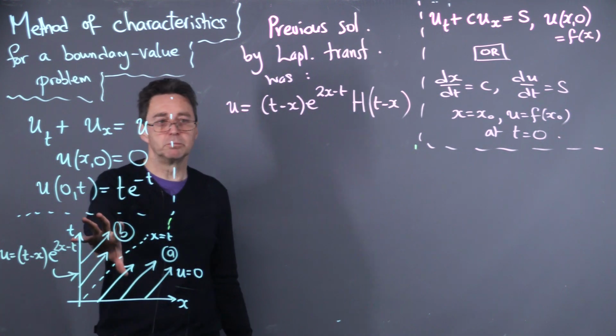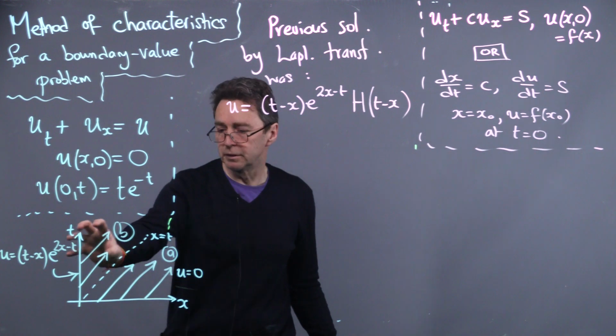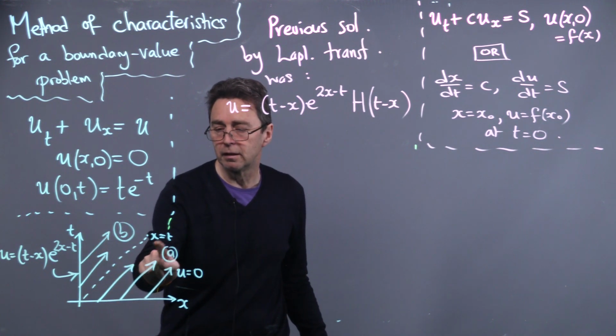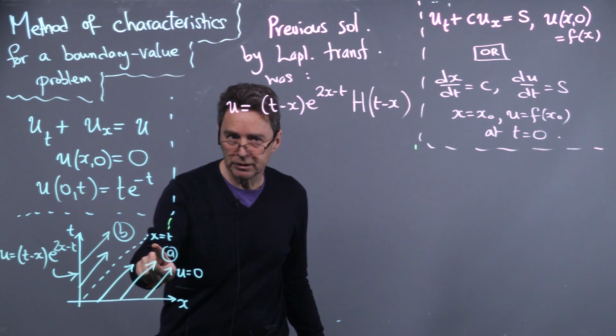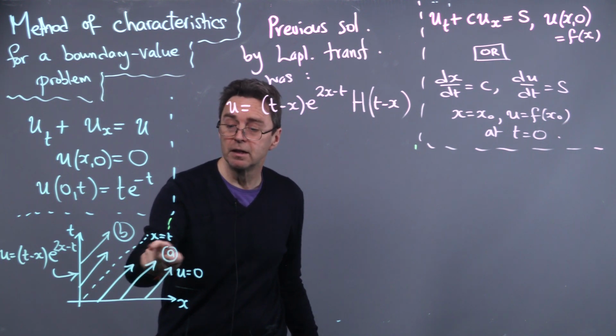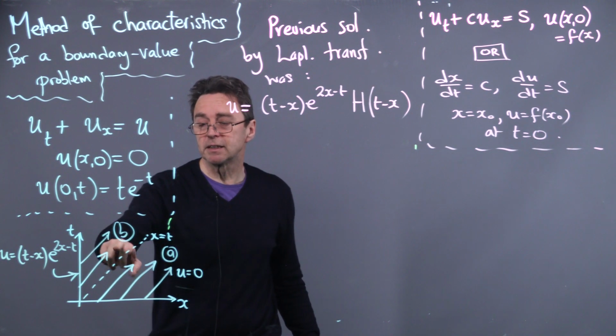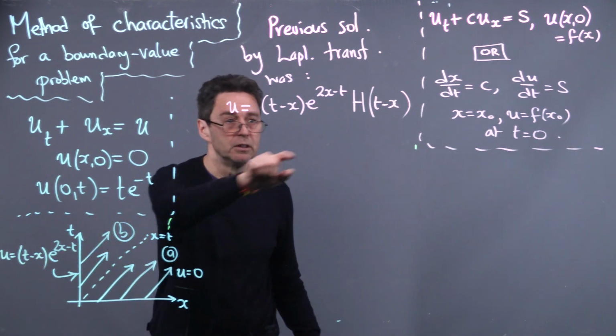And if I look at what I've just constructed, I've got these two pieces: it is 0 if I'm below the line, that's for t being less than x. If t is bigger than x, I'm above the line, then I get that solution.